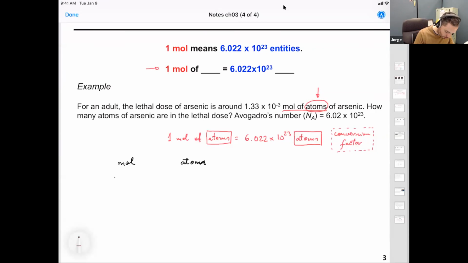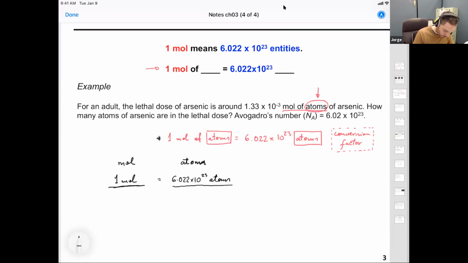We know that 1 mole corresponds to 6.022 times 10 to the 23rd atoms, because that came from our conversion factor. And remember here, the trick is to divide those amounts by the numbers you have and the numbers you want to find.